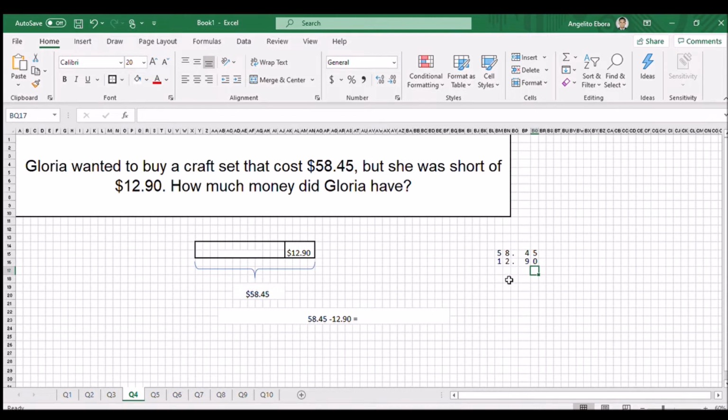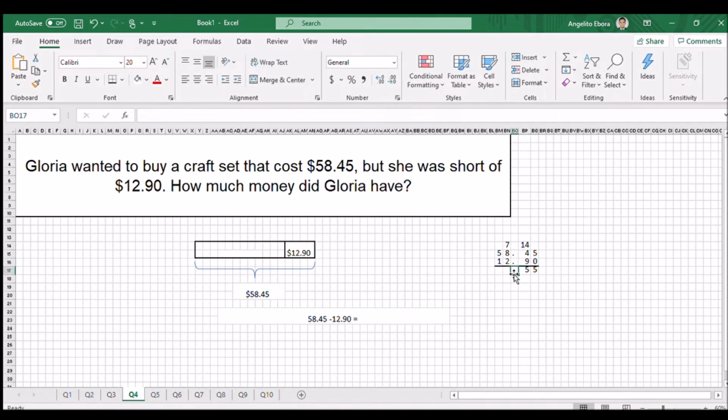Okay, so let's subtract. 5 minus 0 is 5. 4 minus 9, we cannot subtract 9 from 4, so we have to regroup 4 and 8. We take 1 from 8, so this 8 becomes 7, and this 4 becomes 14. Now 14 minus 9 is 5.